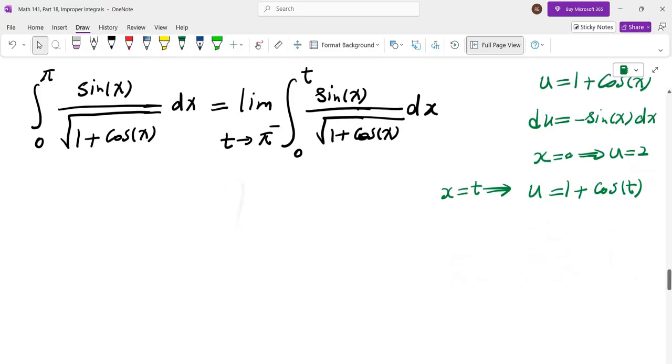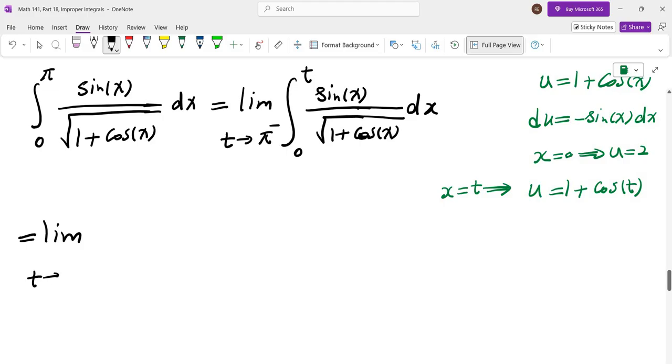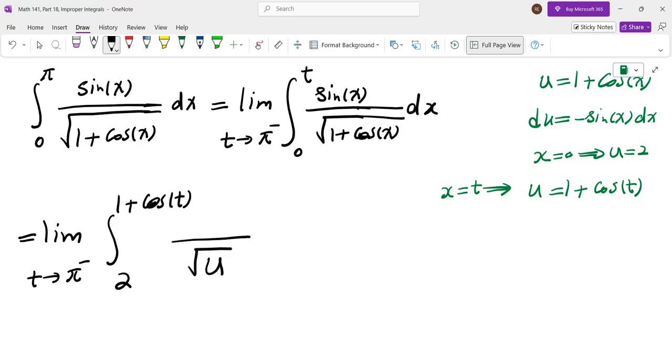So let's go ahead and evaluate the integral. So this would be the limit as t approaches pi from the left. Integral from 0 becomes 2. So let me change that to 2. And the upper limit is 1 plus cosine of t. Now, the denominator is root u, because I replaced 1 plus cosine of x by u.